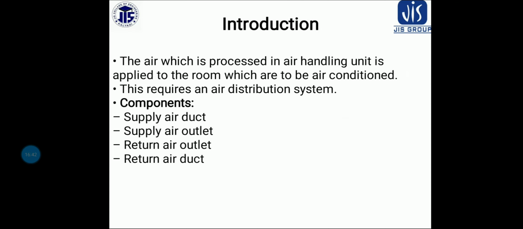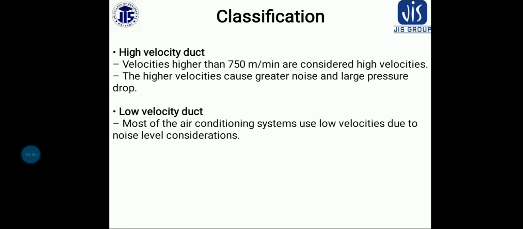Okay, so we have seen that there are mainly two types of duct system: one is the low velocity duct system and the other is the high velocity duct system. In a low velocity duct system, the velocity in the main supply duct is within 750 or 760 meters per minute.